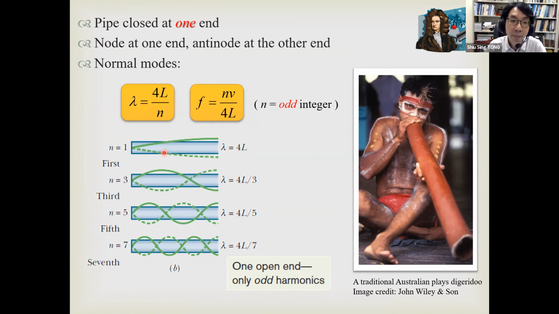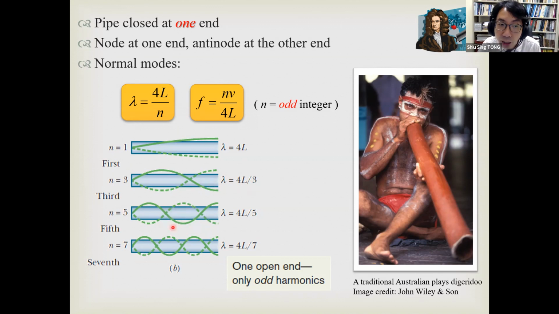Is that right? And how about the second harmonic? For the second harmonic, you have another half of a wavelength here, right? So the length of the tube is equal to 3/4 of a wavelength. Okay, so that is the relation.